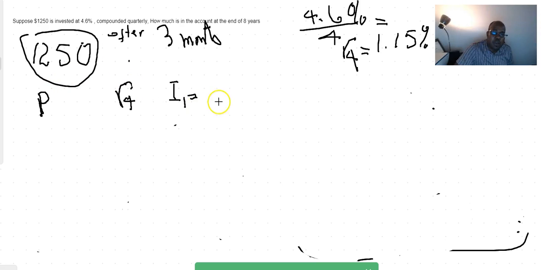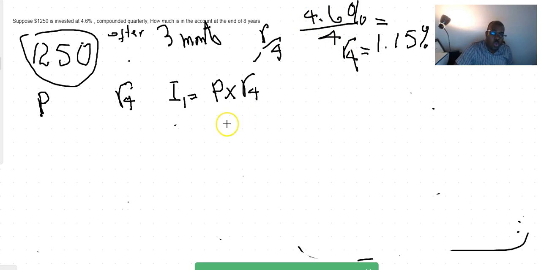It's gonna be this capital P times the quarterly interest, R4, right? Remember, R4 is the interest R divided by 4. In this case, that's 4.6% divided by 4.